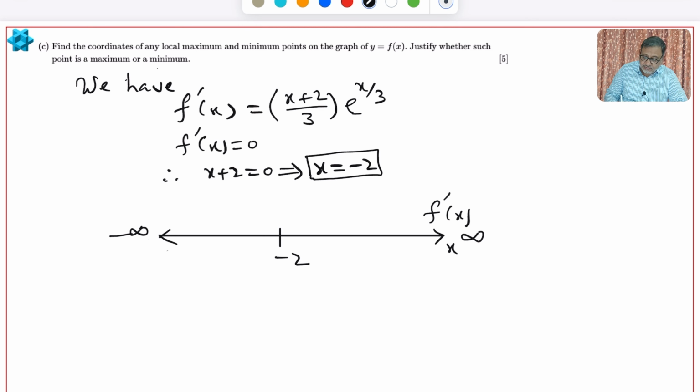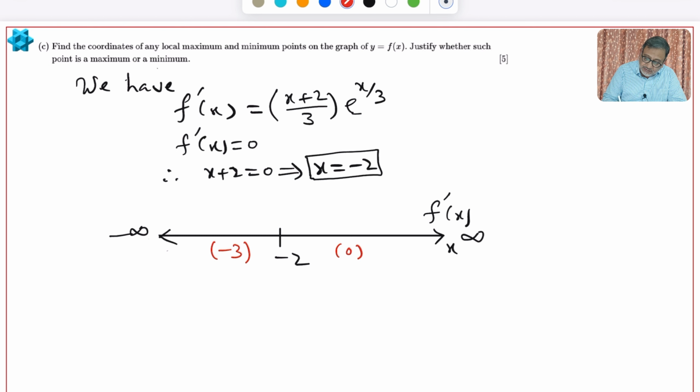Negative 2 is there, right? Now let us check the sign diagram of f dash of x. On the left of negative 2, negative 1 or negative 3 we can put, right? And here 0 we can put and check the sign diagram, right? So when we put negative 3, let me write it properly.